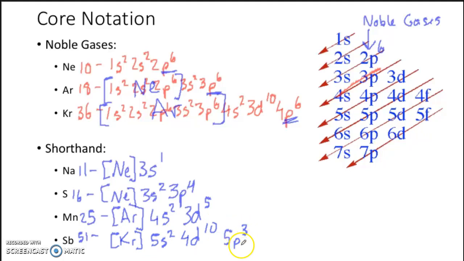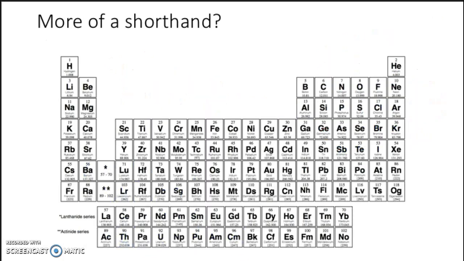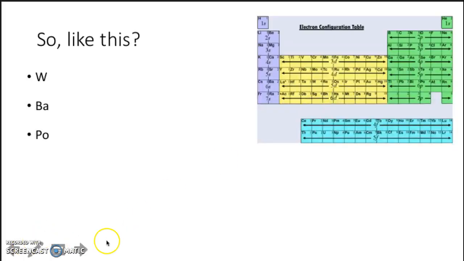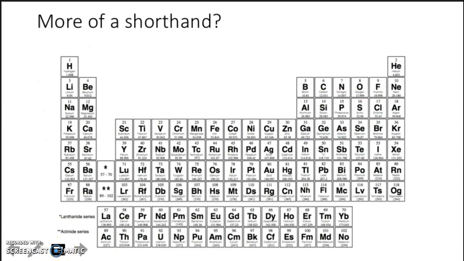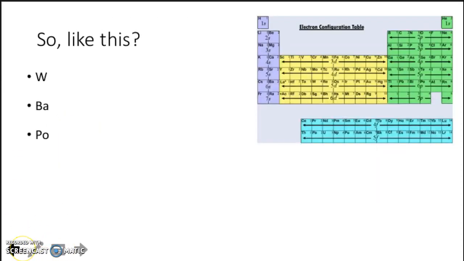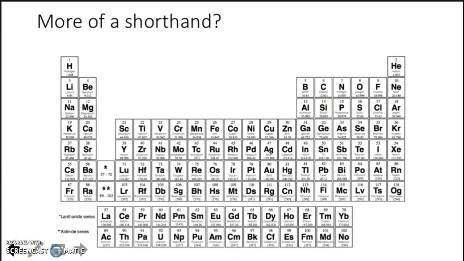So let's show you something on the periodic table. Sorry, technical difficulties. Okay, so here's the neon, and the argon, and the krypton.